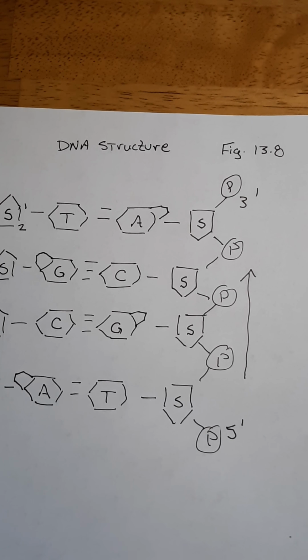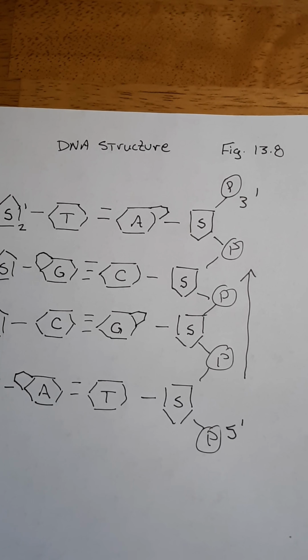All right. One of the things about these hydrogen bonds that has an impact on the shape of the molecule is, notice that you have the 2 hydrogen bonds between adenine and thymine, 3 between cytosine and guanine. That exerts an unequal pull on the molecule, which causes the molecule basically to coil or twist.